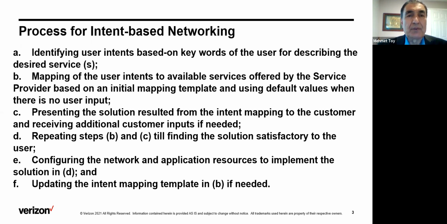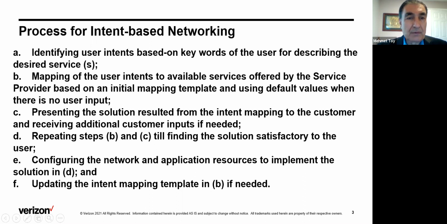So the process for intent-based networking is, the first thing is really identify the user intent based on the keywords. And once we have that, we map that to the services that we offer. So as a service provider, we have multiple services, and we want to be able to map those.